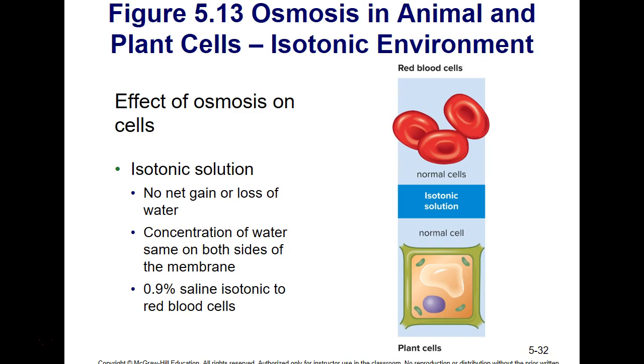The one thing about simple diffusion, and of course facilitated diffusion, is that smaller molecules can cross the membrane much faster than the larger ones. So gases such as carbon dioxide and oxygen can move freely across the cell membrane by simple diffusion. Others, glucose, red blood cells, starch, things of that sort, they have to be carried or transported across.